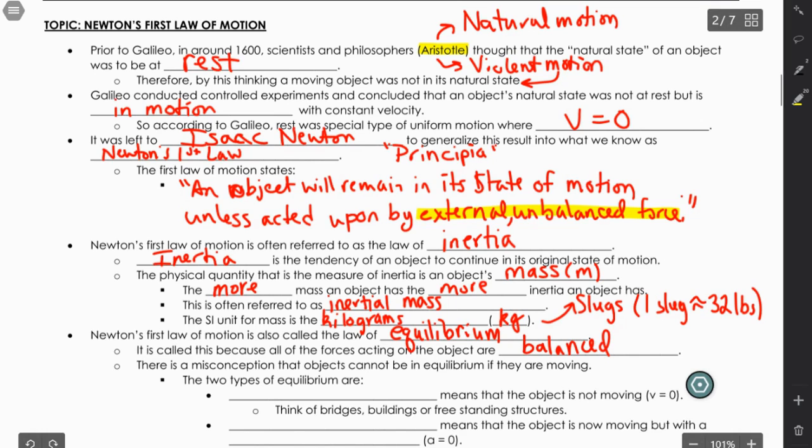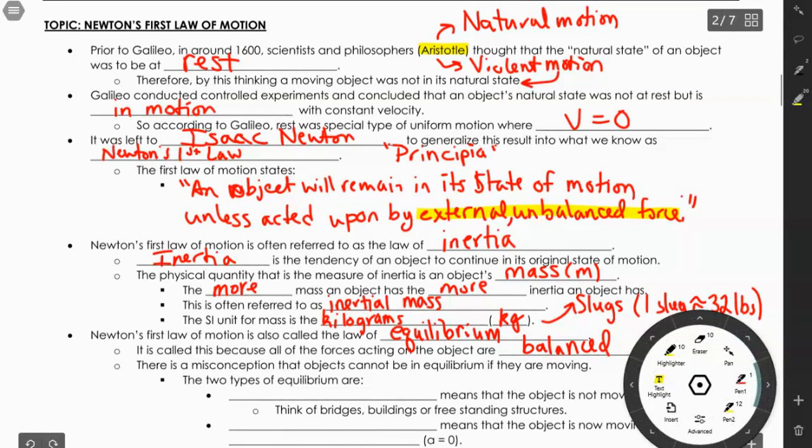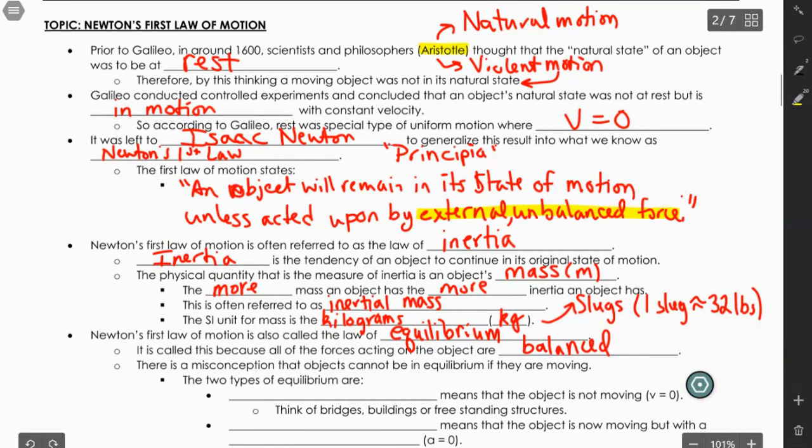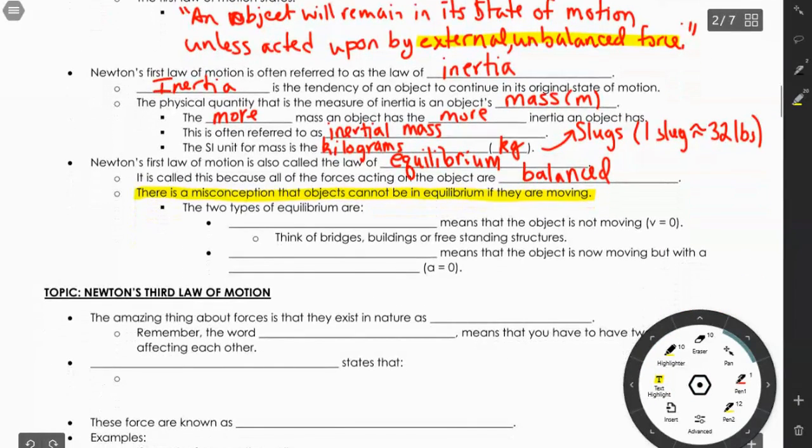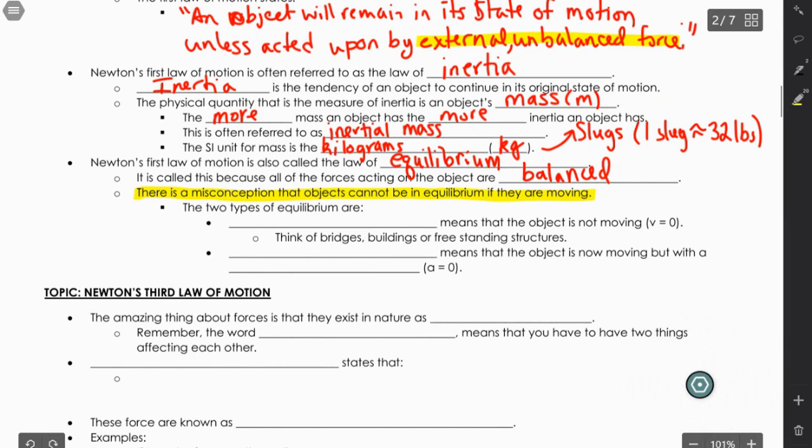Remember, we're not accelerating the object, it's traveling at constant velocity, or it's at rest. Now, this is where the misconception comes into play. Sometimes students or people get confused and think that objects cannot be in equilibrium when they are moving. They can, okay? I'm going to highlight that because this misconception has to be overcome to understand there is a difference between the types of equilibrium.